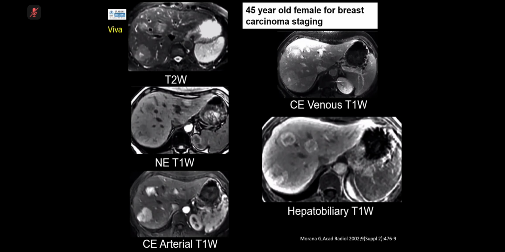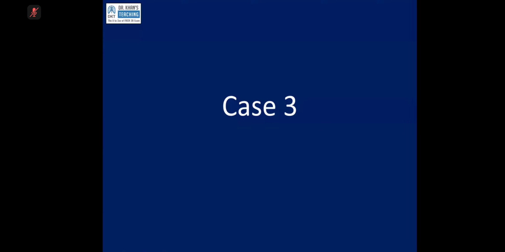Initially on a CT scan, this patient was reported as having metastasis because the patient had breast carcinoma. But when they used hepatobiliary contrast, they could see arterially enhancing lesions which retained contrast on hepatobiliary phase. So these were multiple FNH. So it's a black and white difference which this can make.